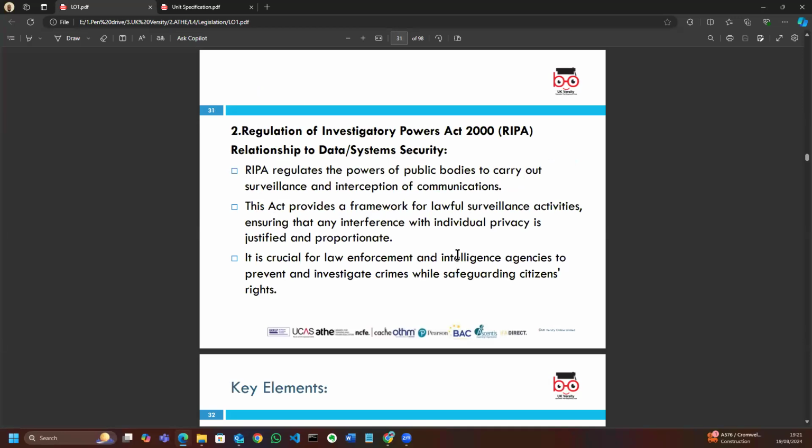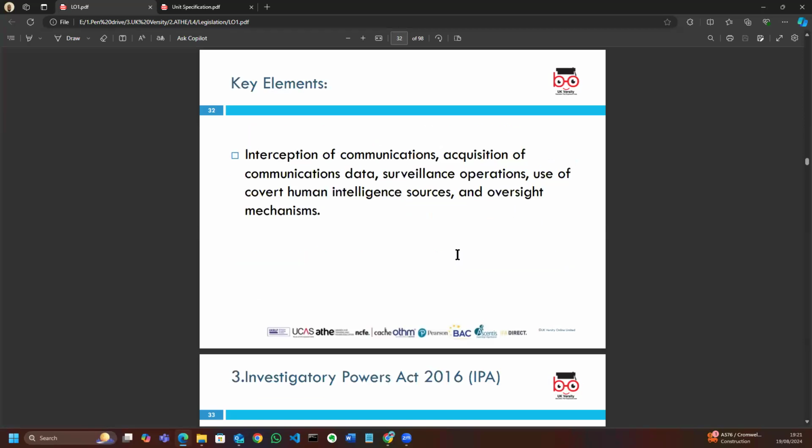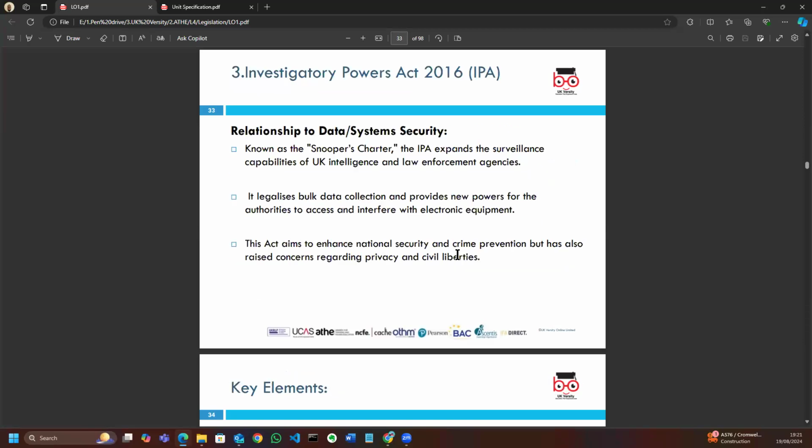Also, we have the Regulation of Investigatory Powers Act 2000 and also the Investigatory Powers Act 2016, where we've looked into them from our chart and we've seen what they do. These are going to expand the surveillance capabilities of UK intelligence and law enforcement agencies.